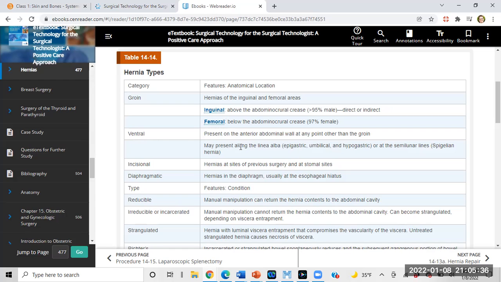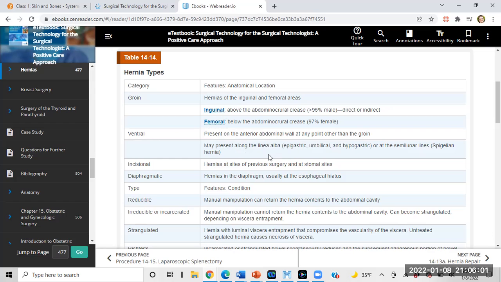And then the ventral, this is anywhere on the abdominal surface typically, and not the groin. The linea alba, the line down the center of the abdomen, is a very common place for these hernias to be. You can have it epigastric, umbilical, or hypogastric.